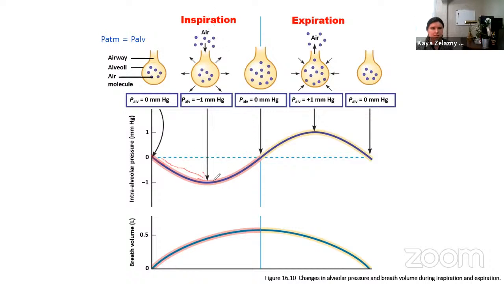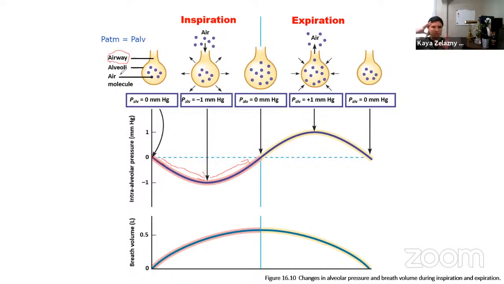So we then see that the pressure, even though we are still in this inspiration phase, is rising back up in that alveolus. So what's happening here is that this isn't a closed system, right? We remember that our alveoli are attached to our airway.